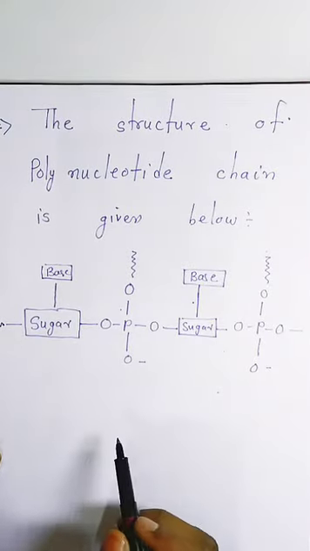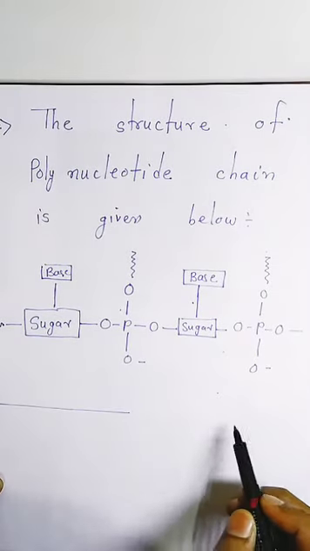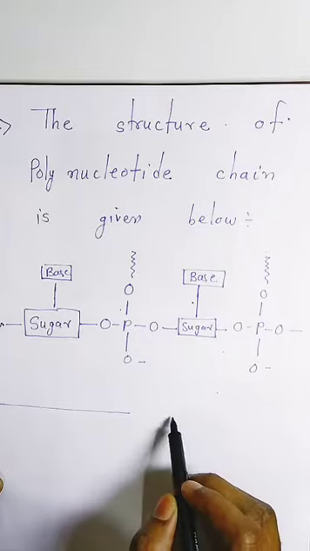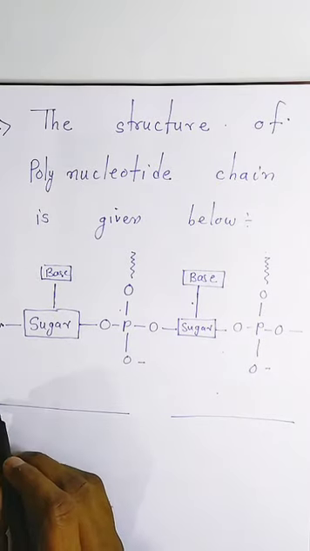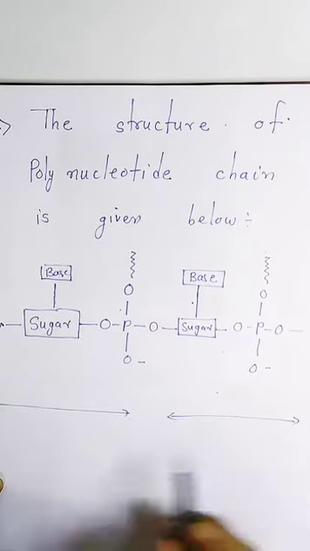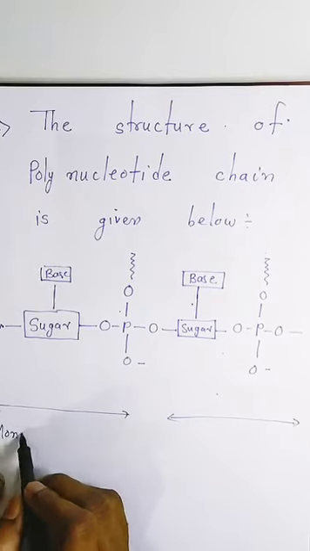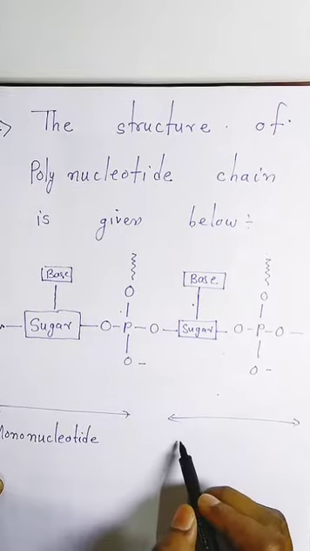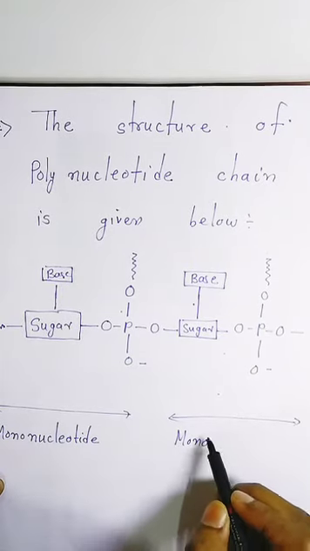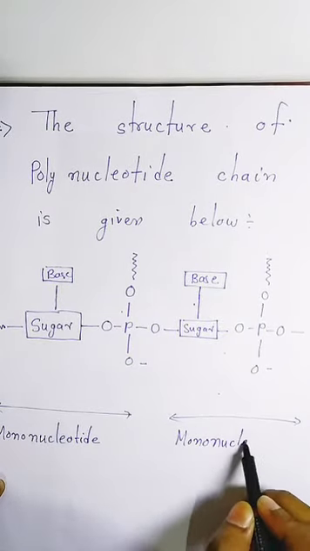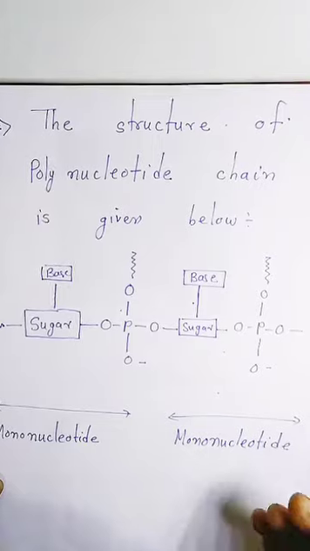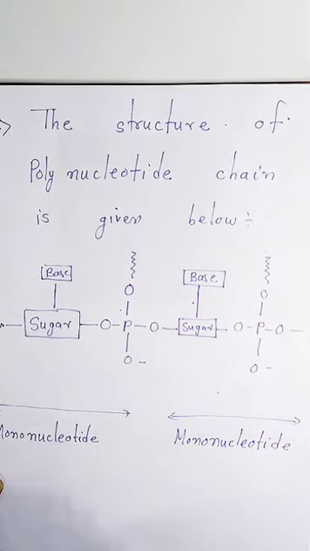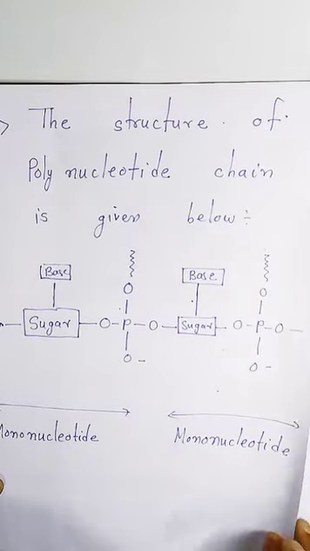So this is the one mononucleotide, and this is the second one, starting from here. This is another mononucleotide. So these monomers, when combined, will form the polymer. Understood, students? This is about the polynucleotide chain.